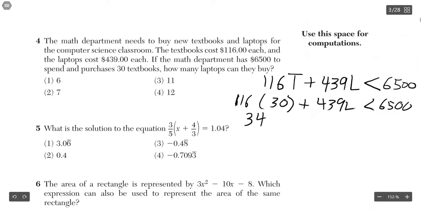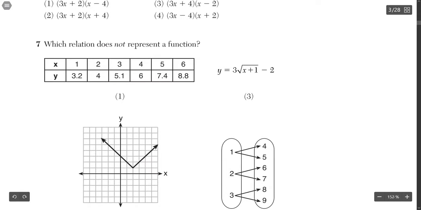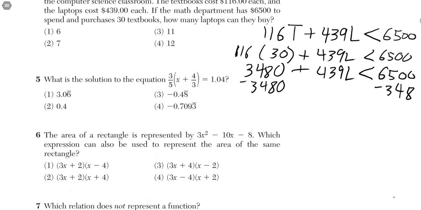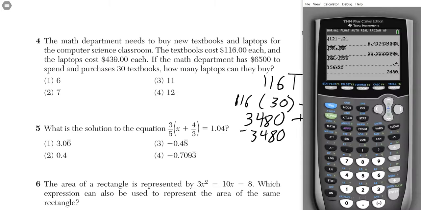$3,480. Subtract this from each side. Oops, what happened there? $30.20.